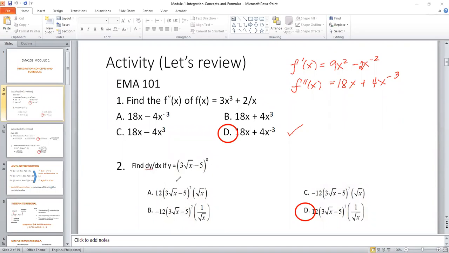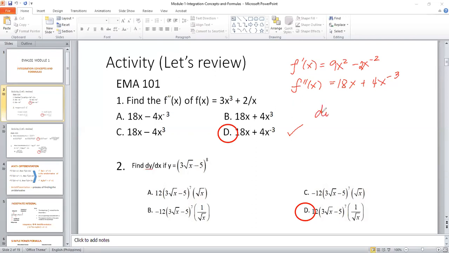Now for number 2, if you will find the derivative of y equal to 3 square root of x minus 5, closed quantity raised to 8, this will require you to do the chain rule. So what's the chain rule of differentiation? The first thing you will do is perform the differentiation based on the power or exponent to which this entire u is raised. So you use the power rule.